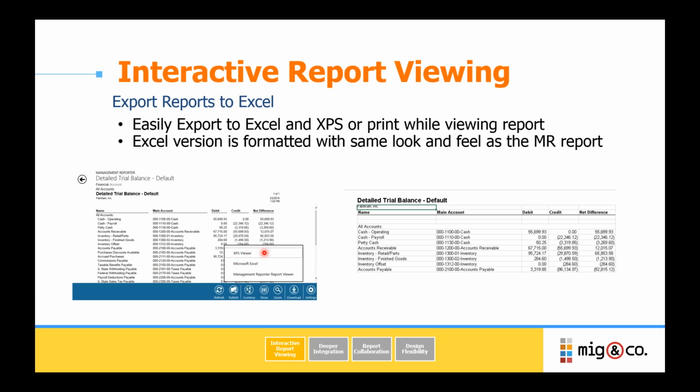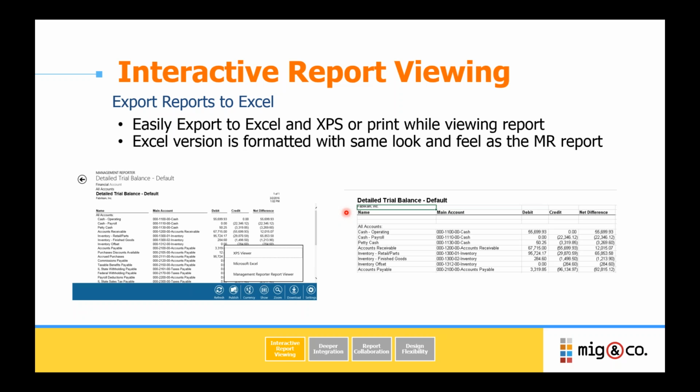XPS is Microsoft's version of PDF. It's a protected print option that users can't change. They can't change the reports once they are converted into XPS. I've included an example of what an exported Excel report looks like, and you can see it retains the same look and feel as the original report.